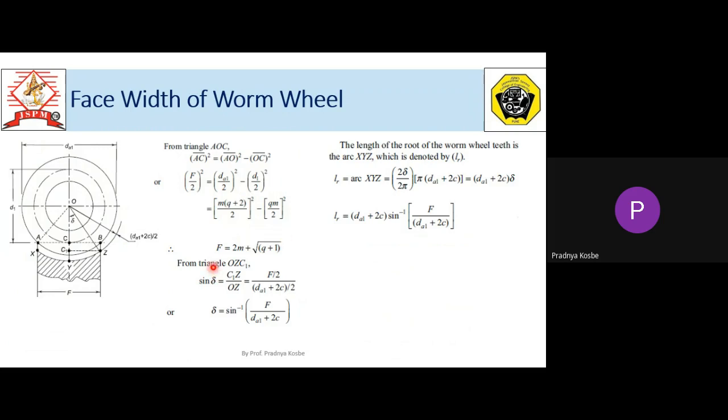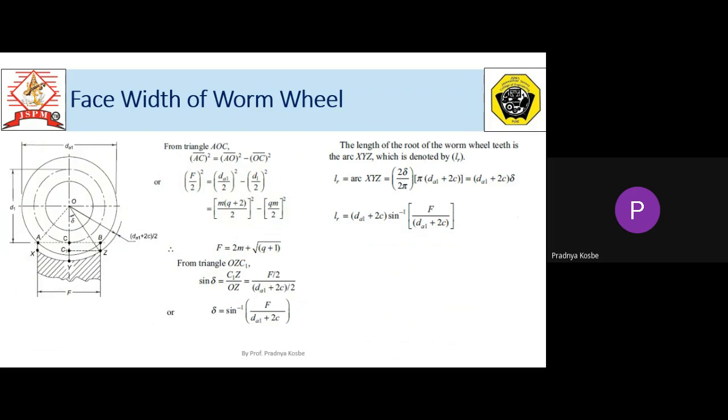So f is equal to 2m plus under square root q plus 1. So this is the final. We will get f is equal to 2m plus under square root q plus 1.